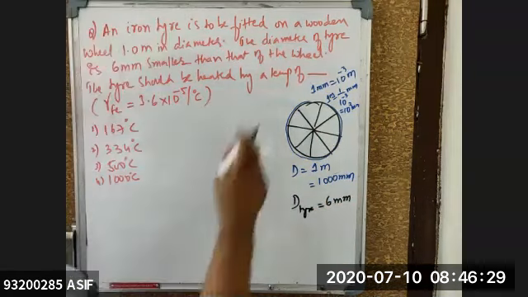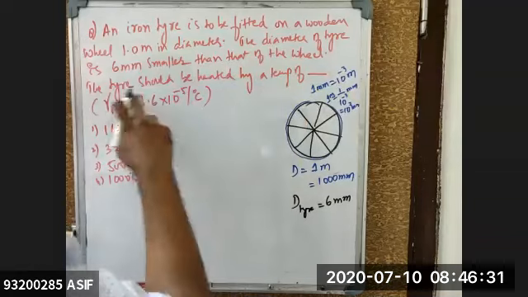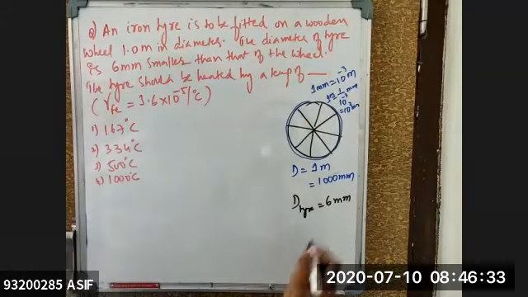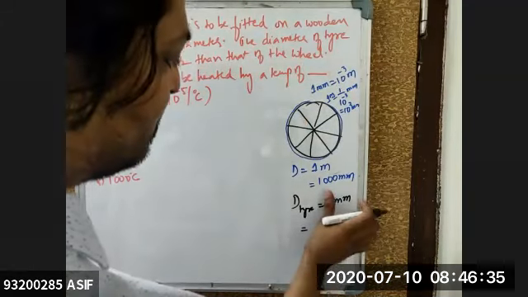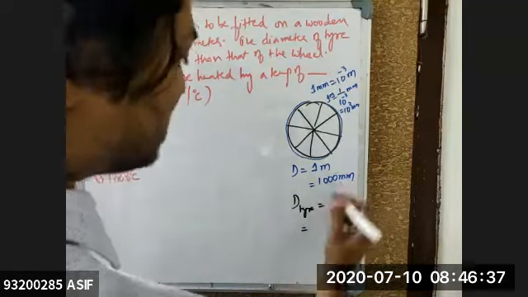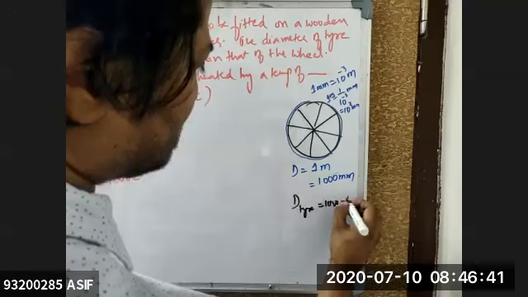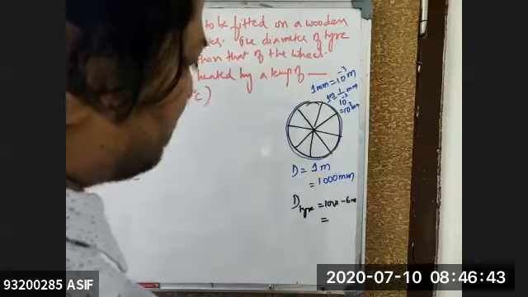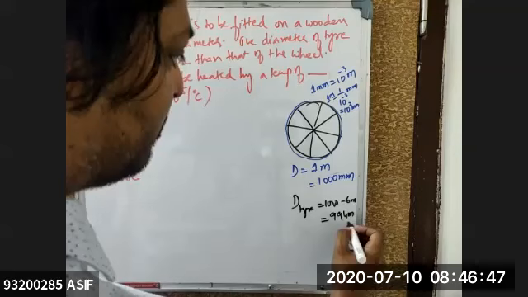So how do you write this right now? The tire should be smaller than that of the wheel, which means the diameter of the tire is 1000 minus 6 mm. And this is how much for me? 994 mm. Got it?